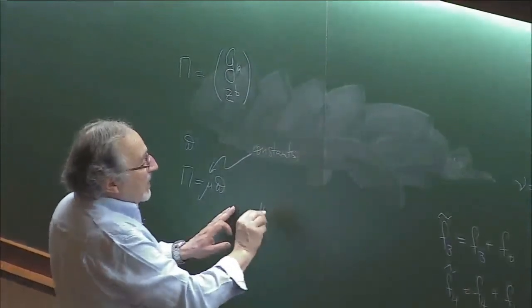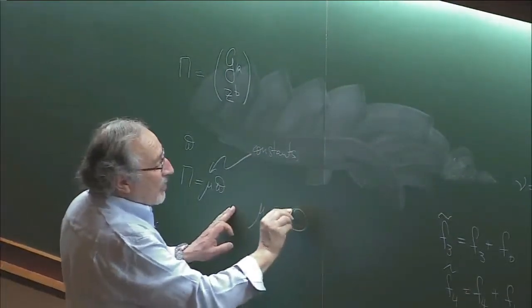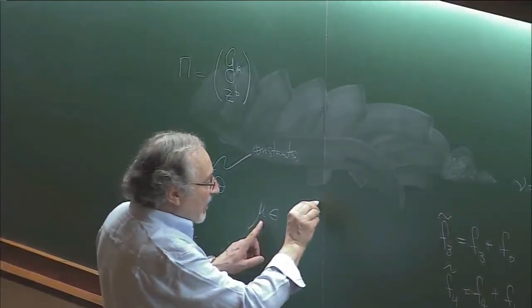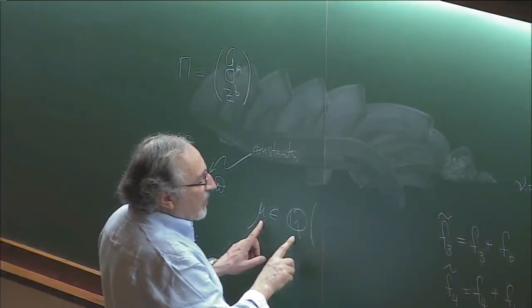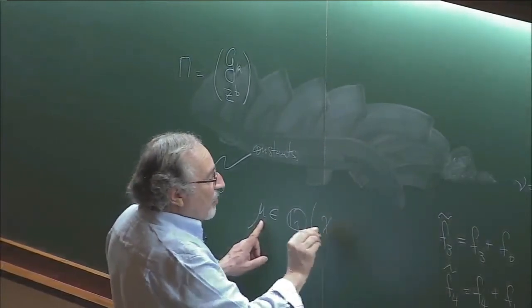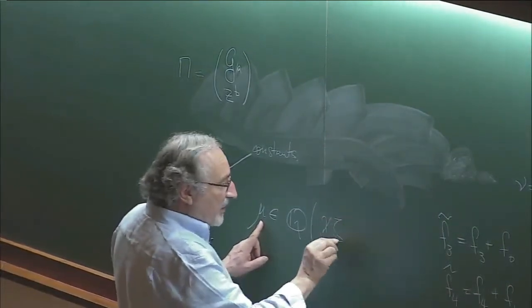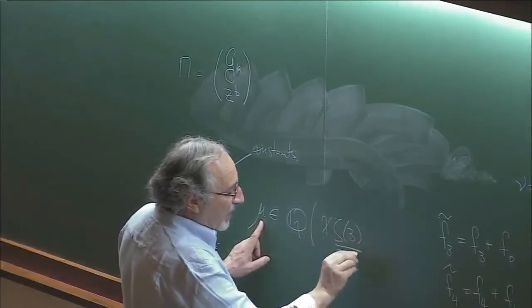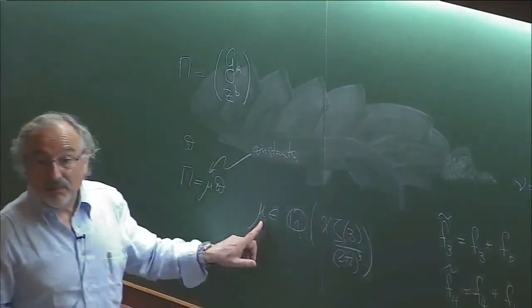You get a matrix. If you look, you can compute the matrix. I won't do it. The entries of the matrix are rational numbers extended by zeta of 3 over 2 pi i q.